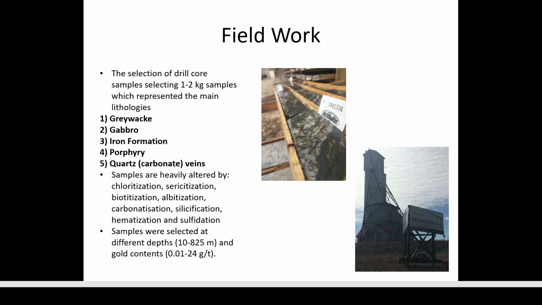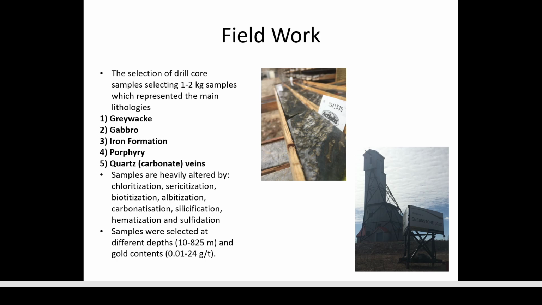Fieldwork. For the samples collected at the mine site, different drill core analyses were picked. 1 to 2 kilograms of each sample was collected. Samples were determined to be in different lithologies based on the drill core analysis completed by the mine site.